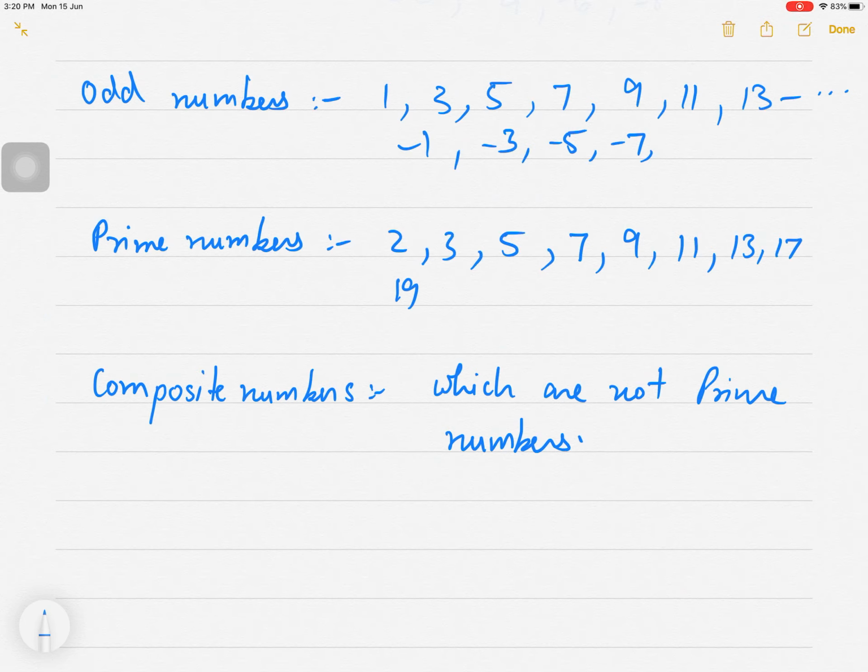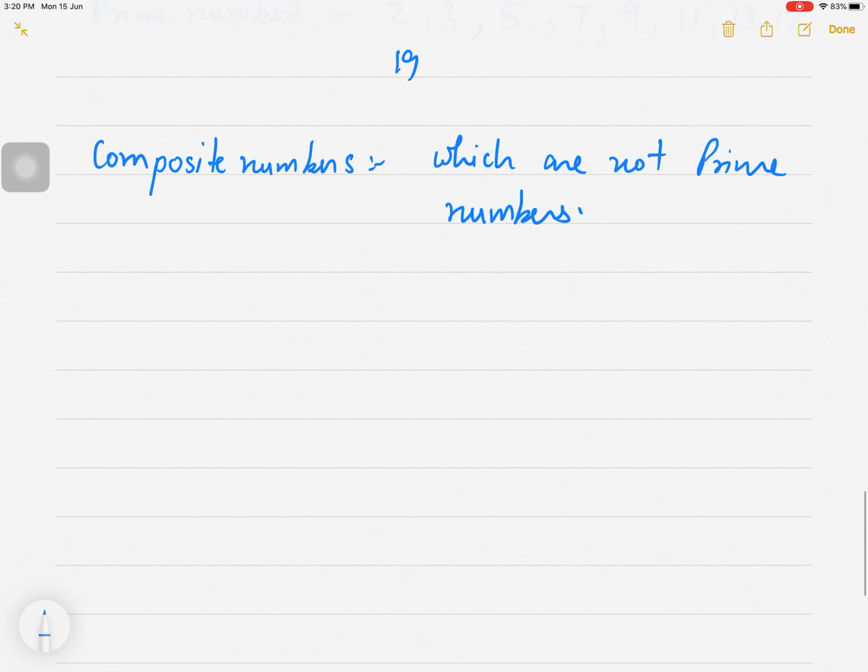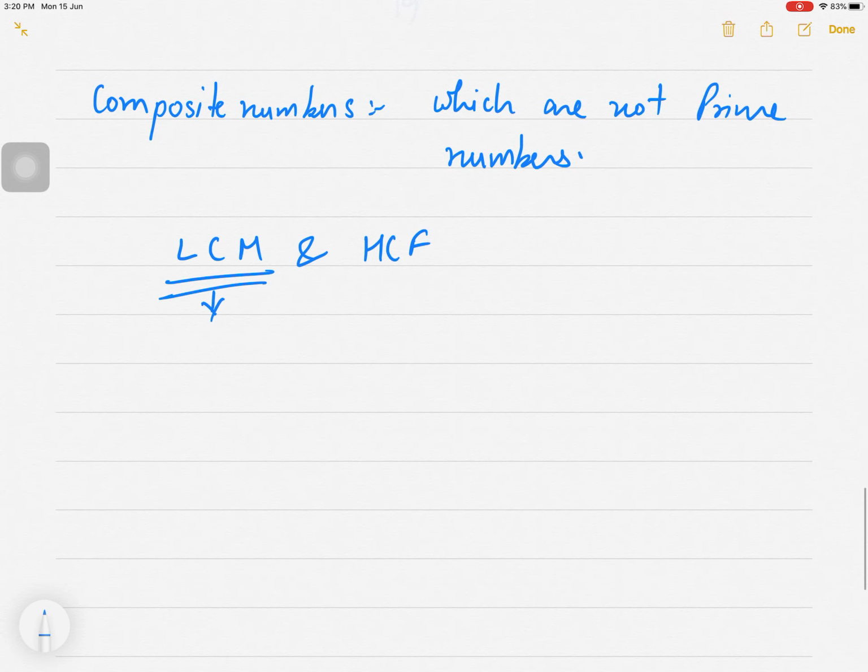Now let us calculate LCM and HCF. What is LCM? This also you have already studied. LCM stands for least common multiple or lowest common multiple.